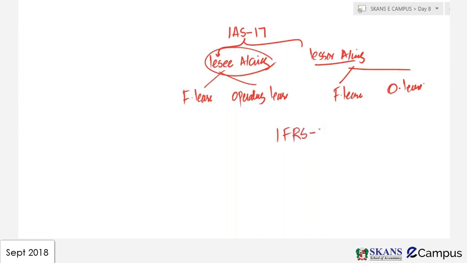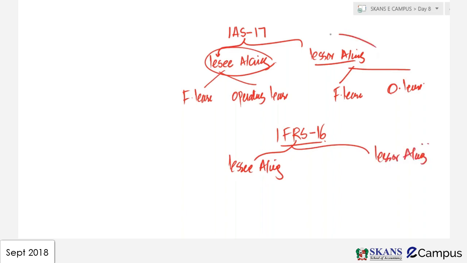IAS 17 has been revised by IFRS 16. If IAS 17 has been revised by IFRS 16, what does it mean? Now we again have accounting of both lessee and lessor. Guys, lessor accounting is the same as it was in IAS 17.